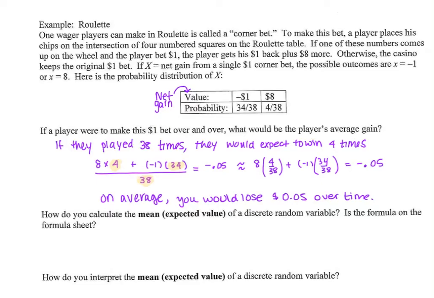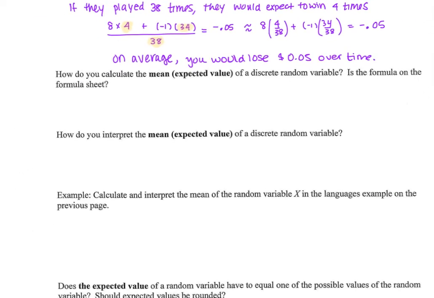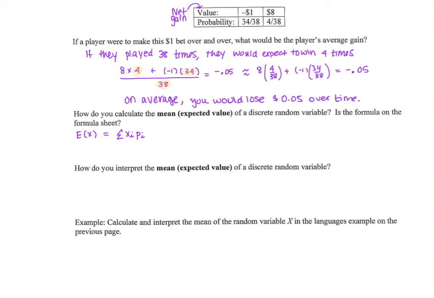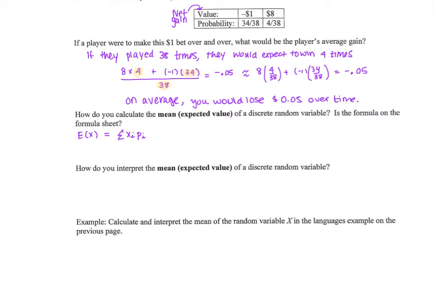Now this formula for calculating the mean is on the formula sheet, but it looks a little confusing when you see it. On the formula sheet, it looks like this: expected value of x equals the sum of all x_i times the probability of i. So notice how in the above example, this was the x value you could get, and this was the probability that you could get it.